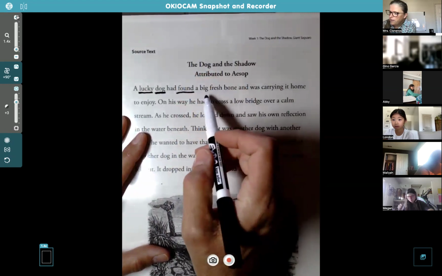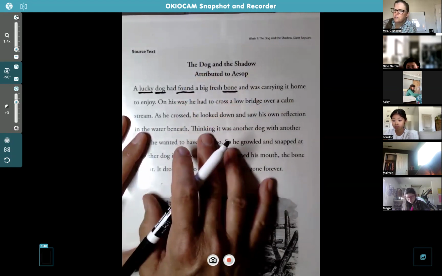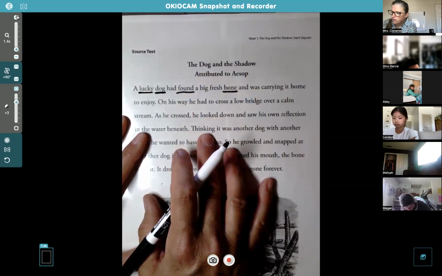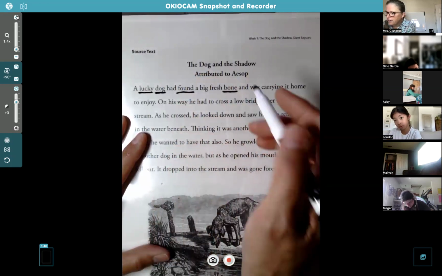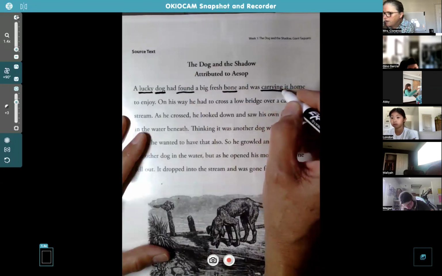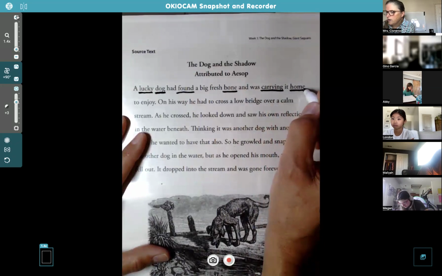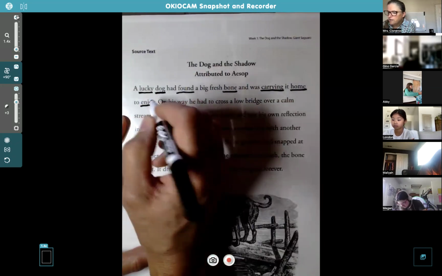But then I see big, fresh bone. I'm going to underline bone. I know that's important to remember that sentence. I'm not going to underline and or was. I do want to underline carrying because that's what he was doing with the bone. That's a keyword. Home is a keyword and enjoy is a keyword.